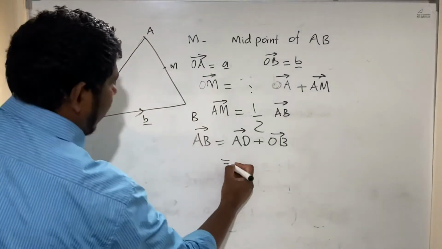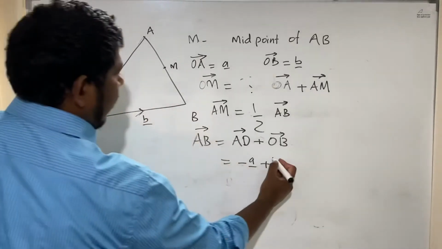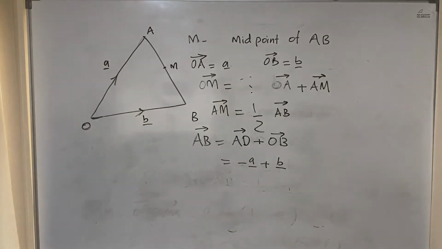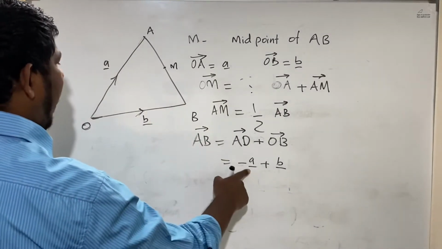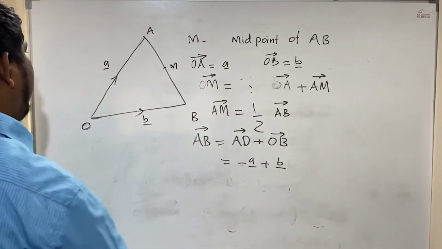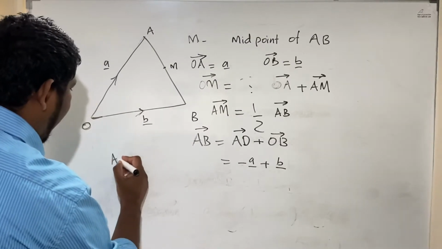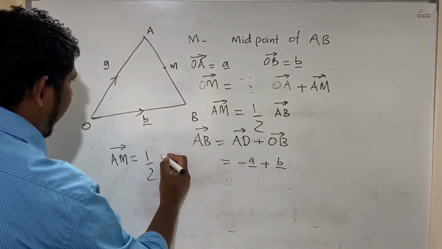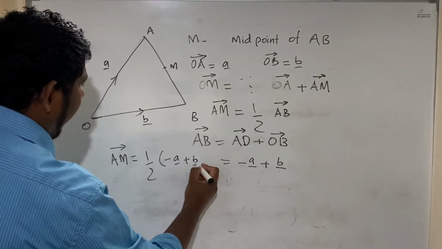AO is negative vector A plus OB is positive vector B. Okay, now we know this vector A to B is minus vector A plus vector B. So now we can find what is the vector AM, that is the half of vector AB, so half of negative A plus B.